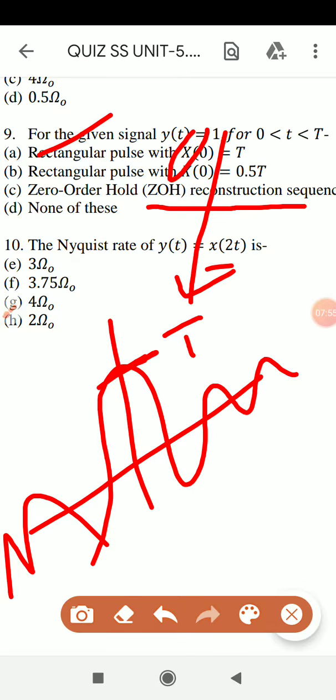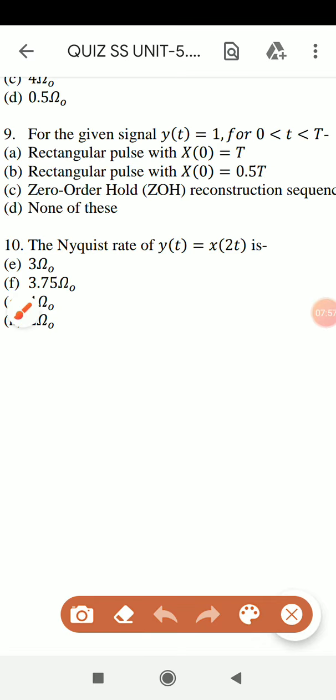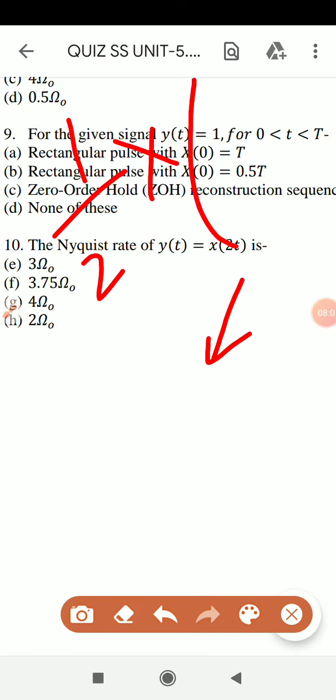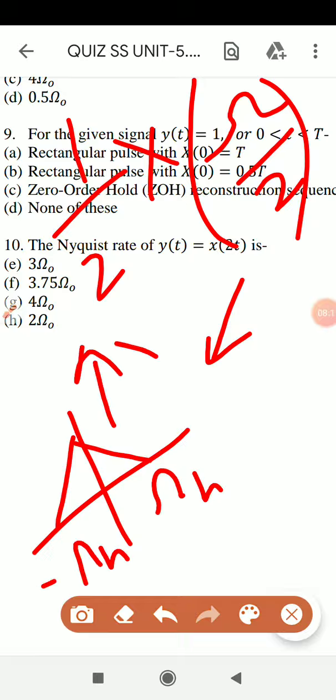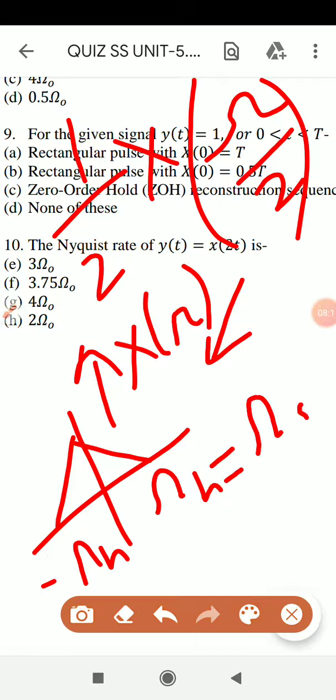Nyquist rate of this: we know the Fourier transform of this is 1 upon a X(omega by a), and we know X(omega) has extent omega h and minus omega h. Okay, and this is omega naught divided by 2.